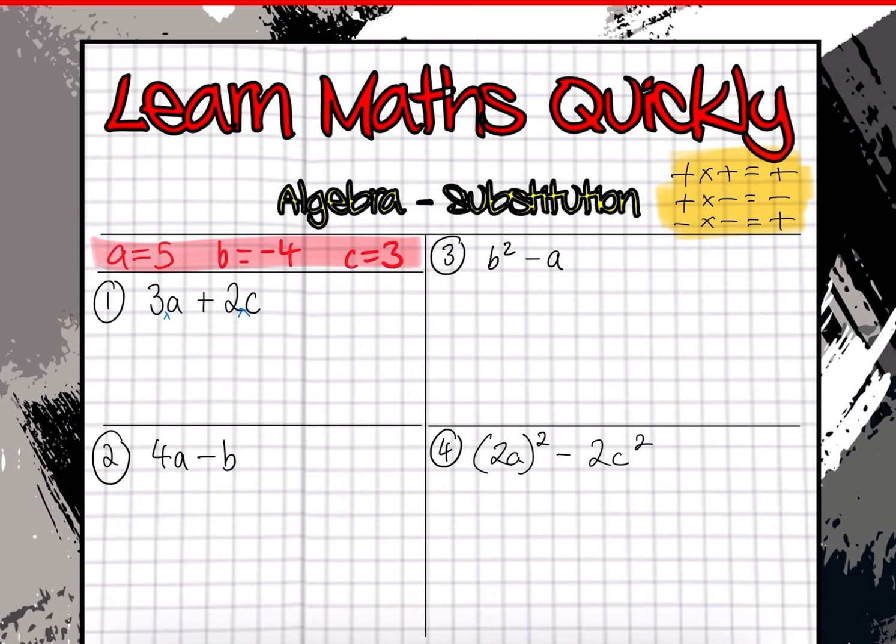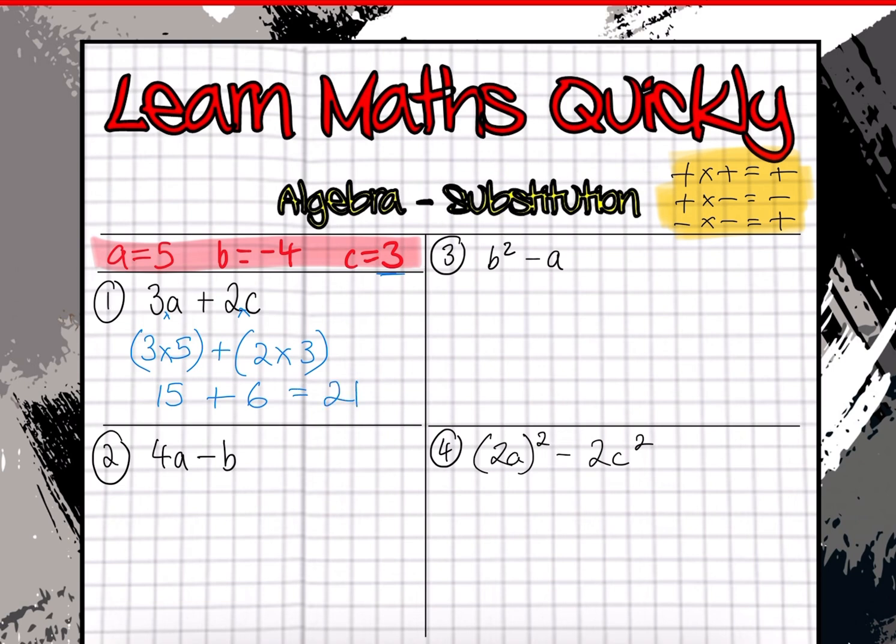So let's substitute 5 where we see the a, so it becomes 3 times by 5 plus 2 times by c, and c over here is 3. So now let's use our BIDMAS. We've got our multiplication comes first, so we've got 3 times by 5 is 15 plus 2 times by 3, which is 6. So our answer is 21.